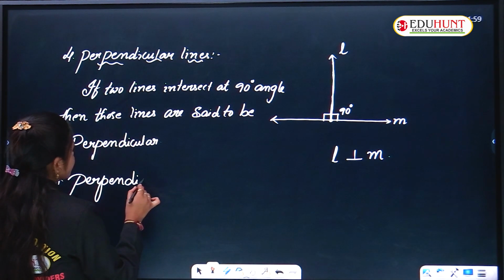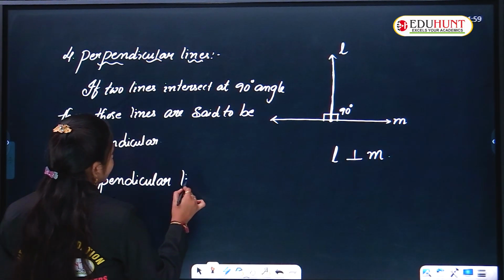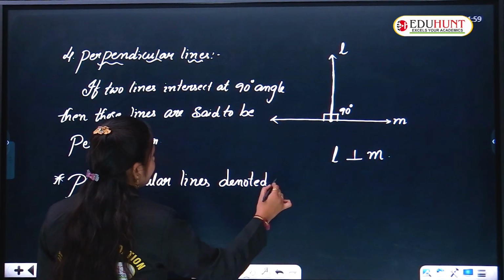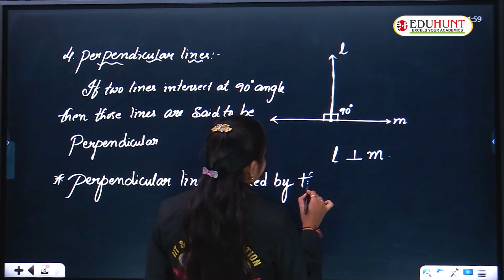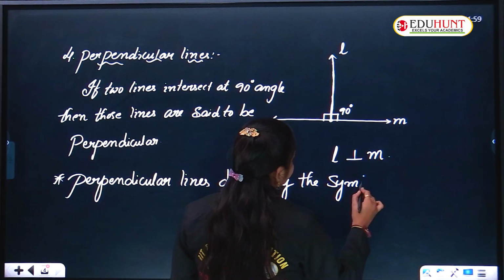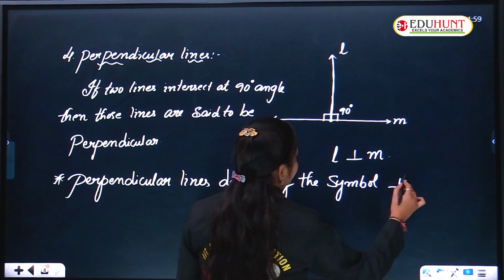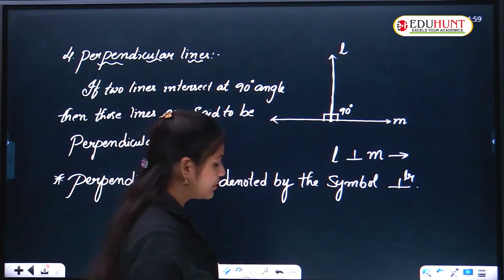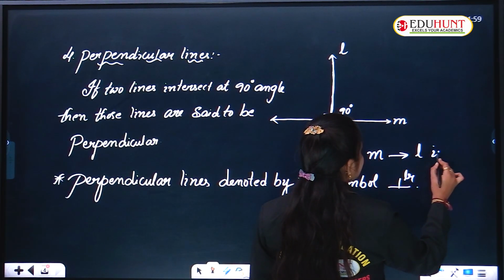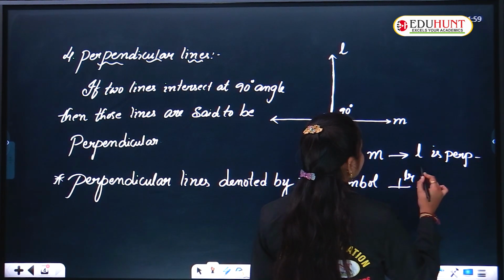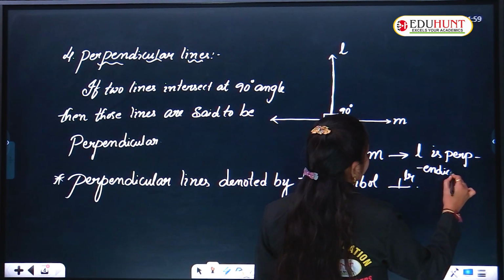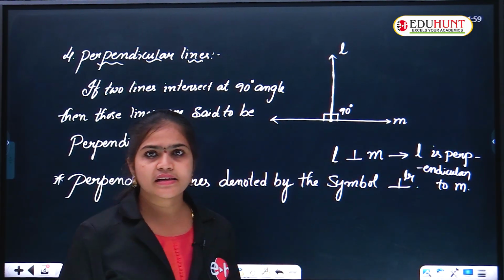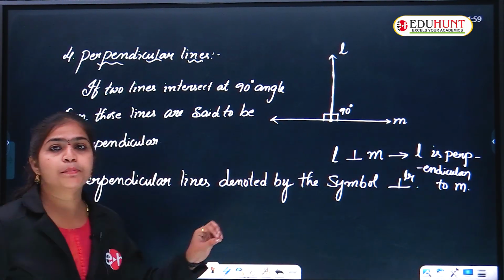Perpendicular lines are denoted by the symbol perpendicular. How to read this? L is perpendicular to M. Did you understand this? This is about perpendicular lines.